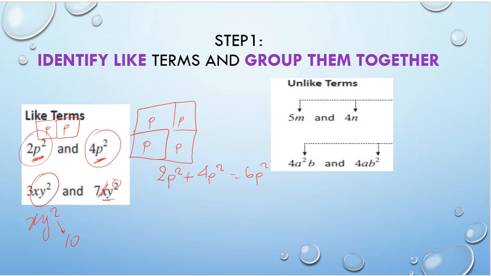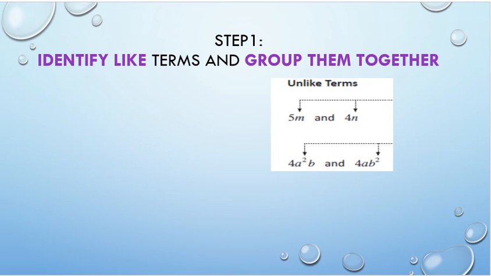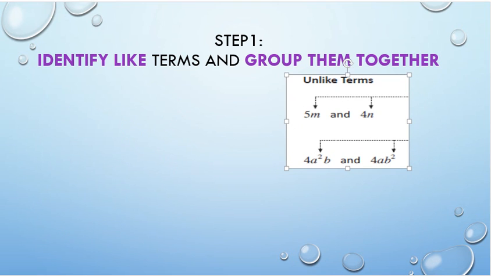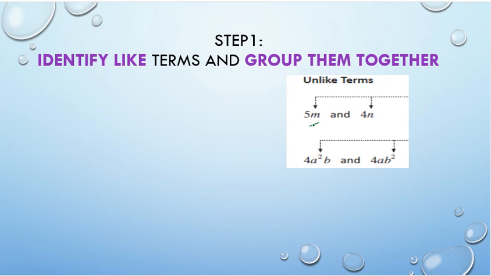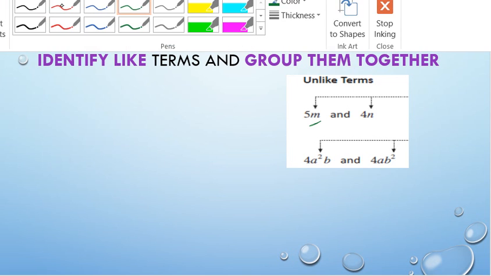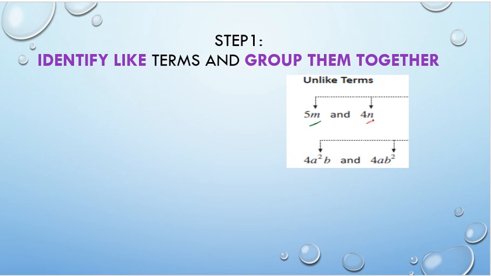Now, the question is here. I have to work and say 5m and 4n here. Are they like terms? This is m and this is n. They're not the same. So I cannot add them.